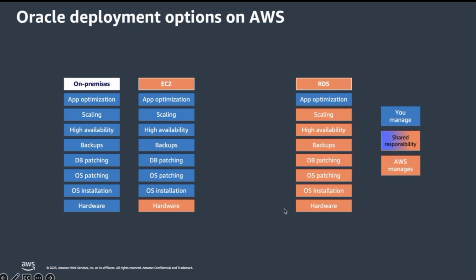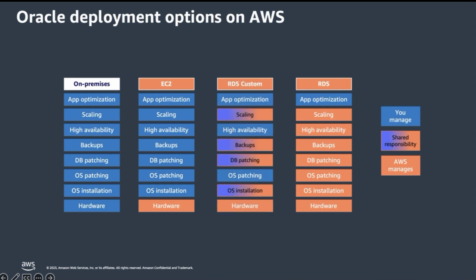Now, we highly recommend going with RDS as your first choice, because it just takes care of all the undifferentiated heavy lifting and you get the most benefits out of it. But there are some cases which are not covered or supported with RDS, where the application would need additional privileges either to the database or to the operating system.